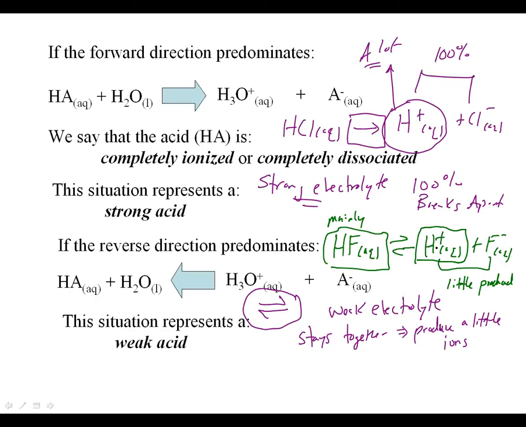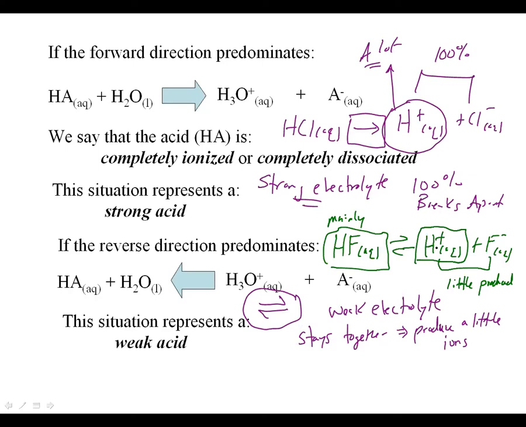But it's going to produce nowhere near the extent of HCl. When hydrochloric acid goes into solution, 100% of it breaks apart, producing a lot of H pluses very quickly, and obviously making that solution pretty acidic. That's why it's a strong acid. HF, when it goes for a swim, is basically going to stay together.